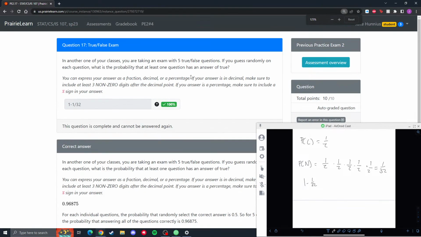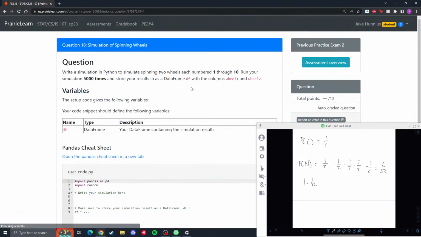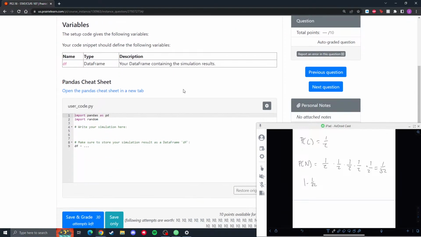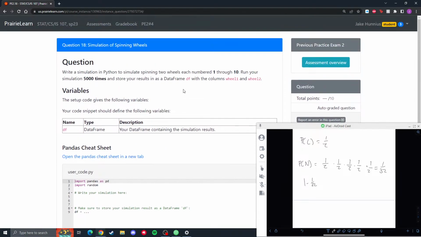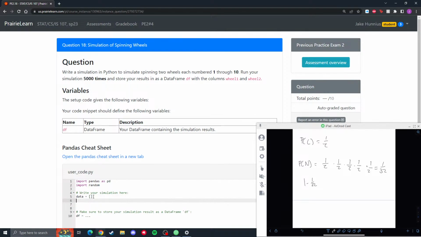Let me go ahead and zoom in a little bit too, now that we're doing some coding. All right, so we are writing a simulation, and the first step in any simulation is to create an empty list. And so now we have our empty list, and we called it data.